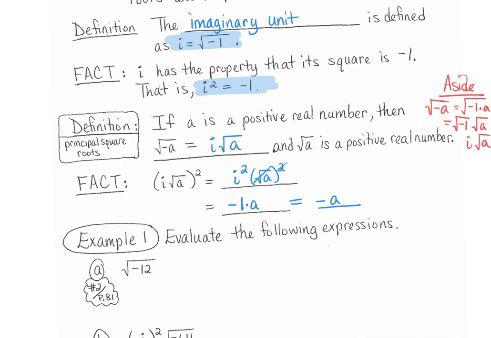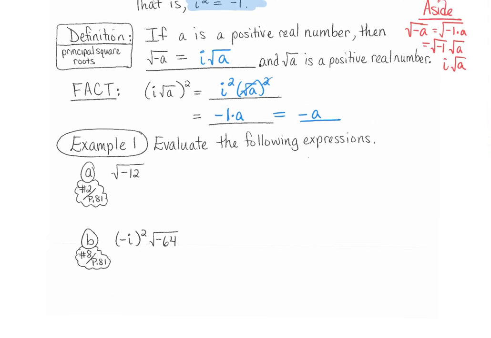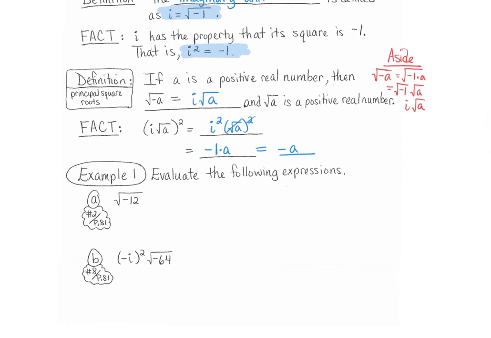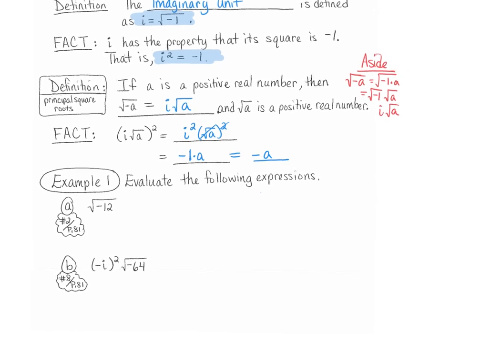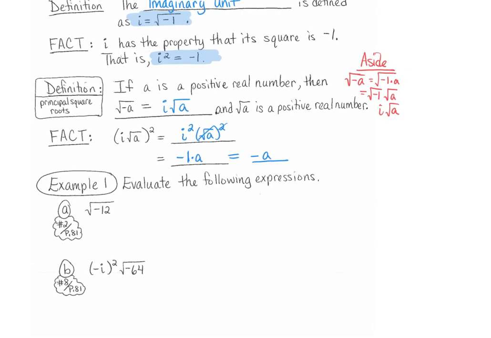Example 1. We want to evaluate the following expressions. Is that too small? You want me to zoom in? That's good? Okay, we have the square root of -12. Our goal is to evaluate the expressions. That's equal to the square root of -1 times 12.